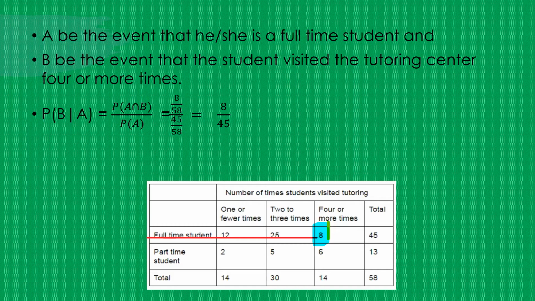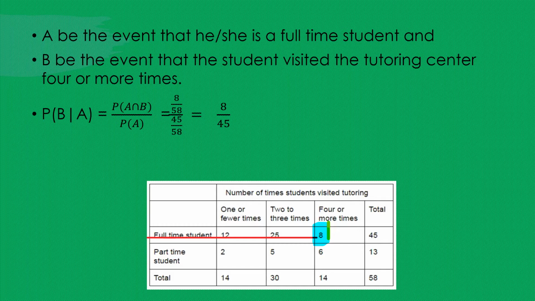It is 8 out of the total 58. P of A will be the number of full-time students here, 45 out of 58. So when you simplify, you get 8 on 45.